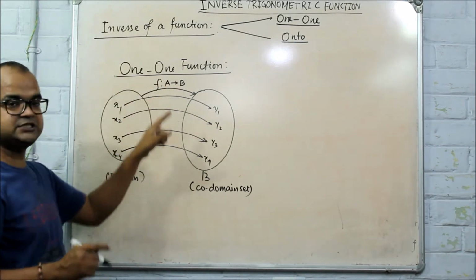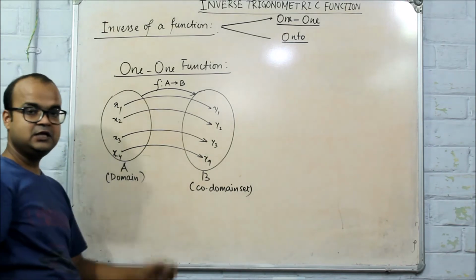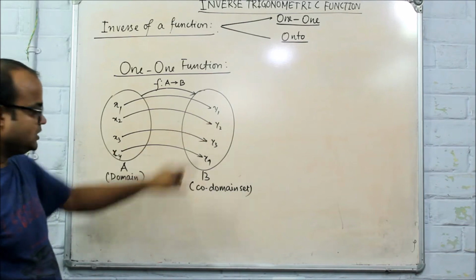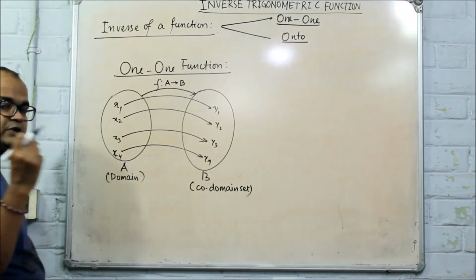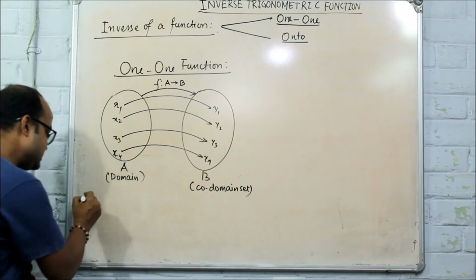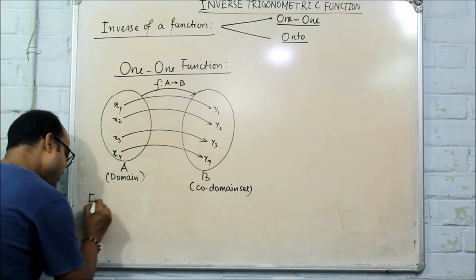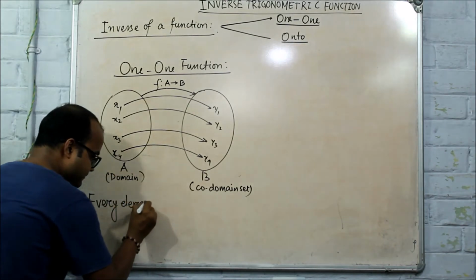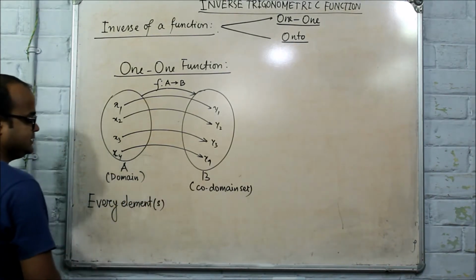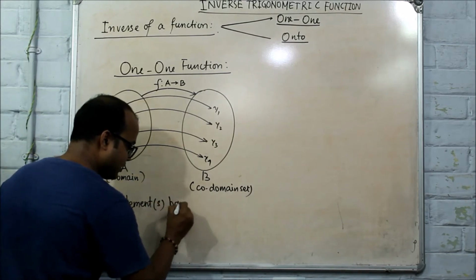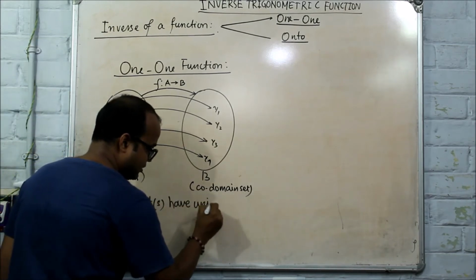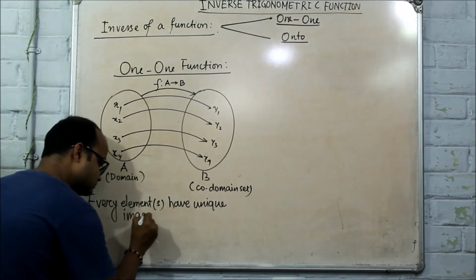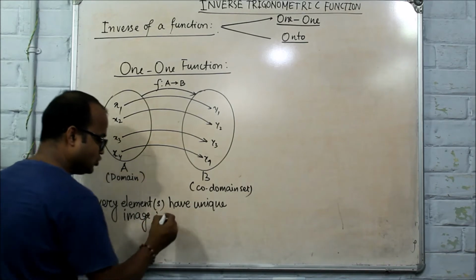The name itself suggests 1-1, that is, every point has its unique image in the codomain set. So we remember a 1-1 function as: every element has a unique image in the codomain set.